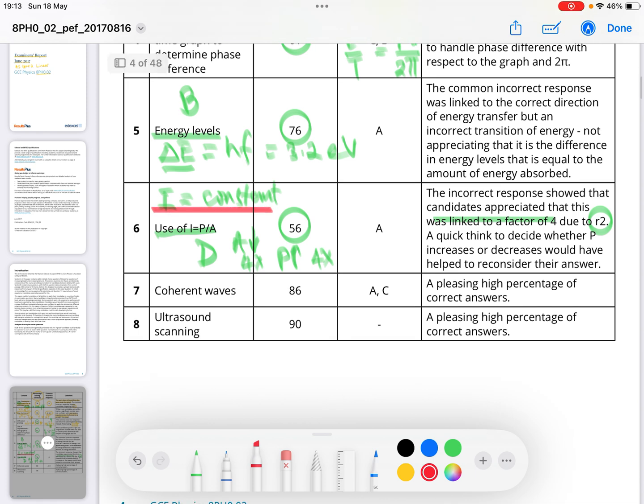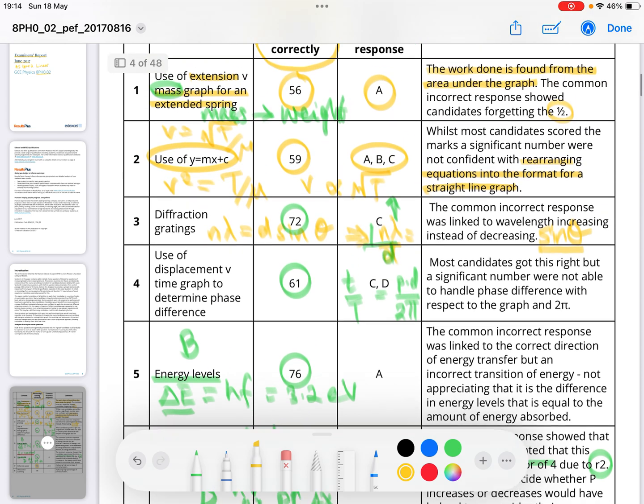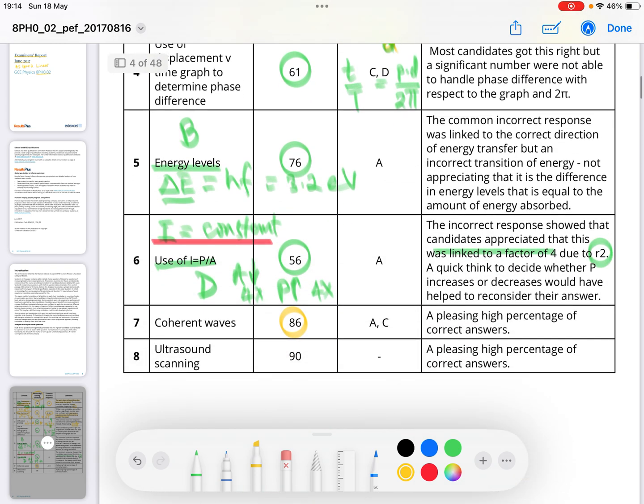Okay, question 7 is about coherent waves. For 2 waves of light to be coherent, this is just a knowledge question, they must originate from the same source, and 86% of people who took it in 2017 got it right, which is the second highest, I think, for the multiple choice. So that's good.